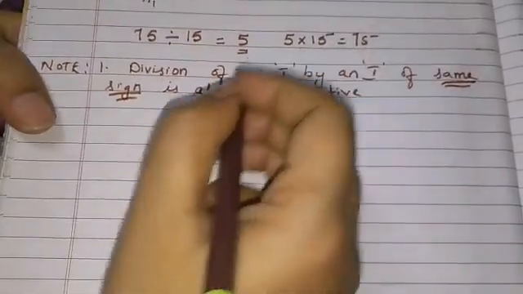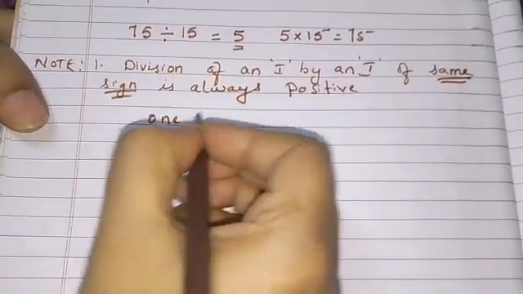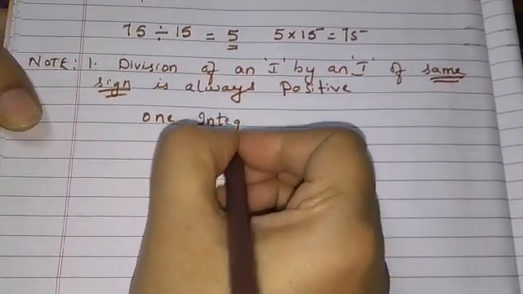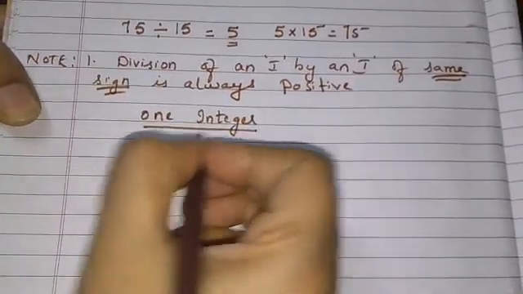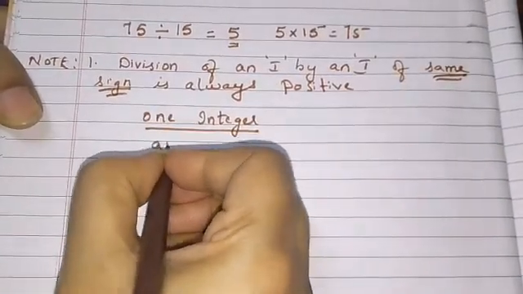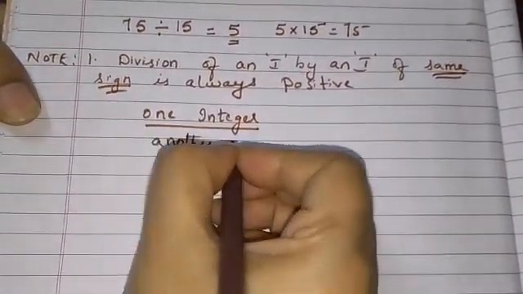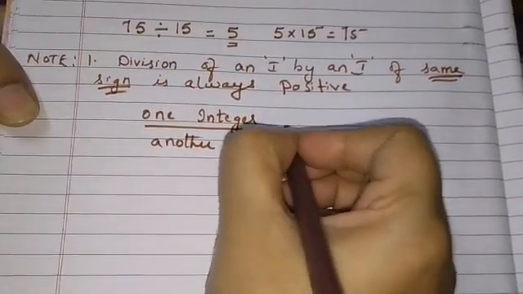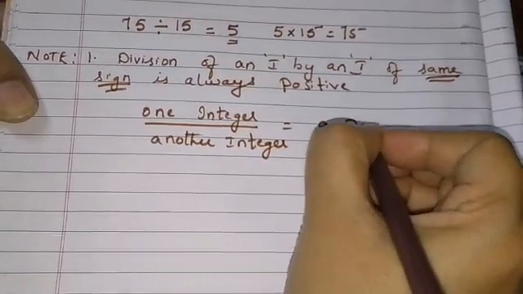If I have to show it to you in the form of a formula, it needs to be like this: one integer divided by another integer yields a positive integer.